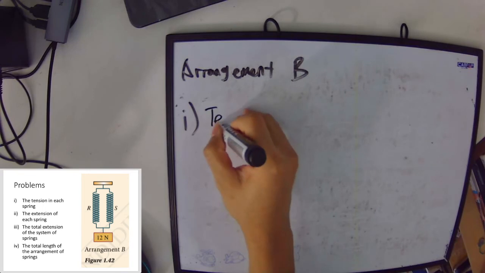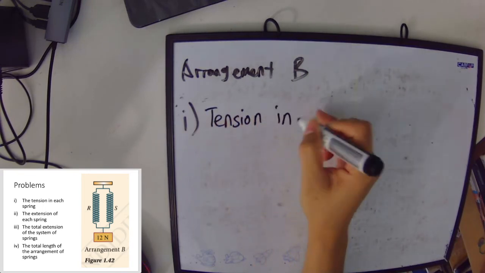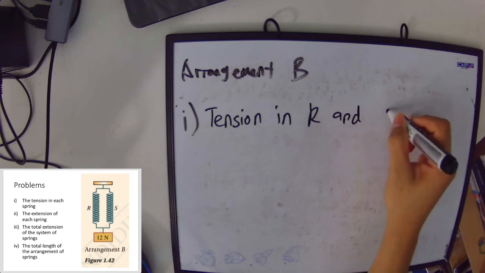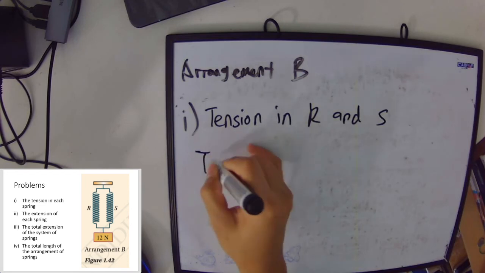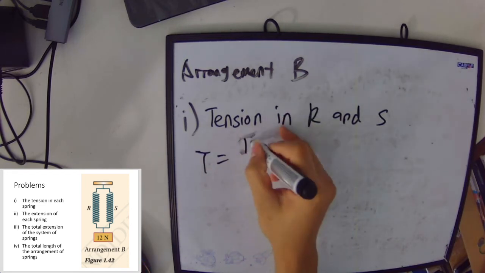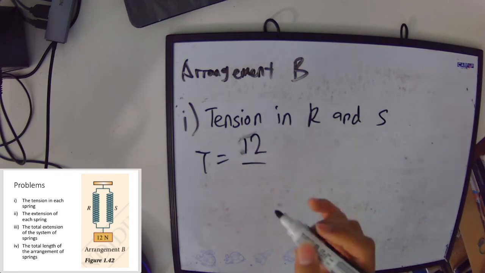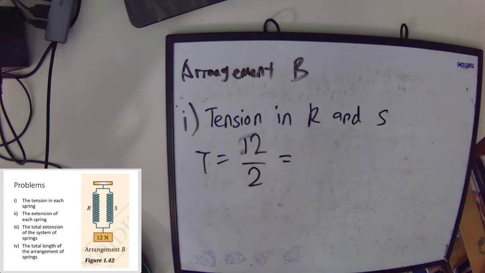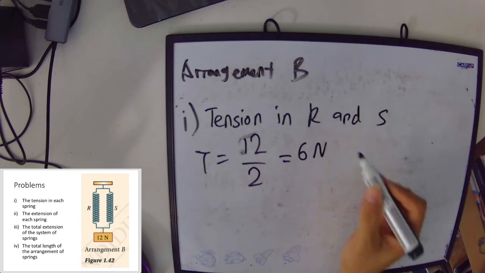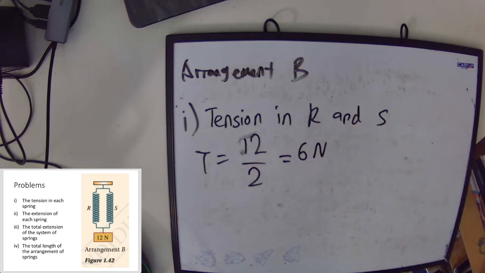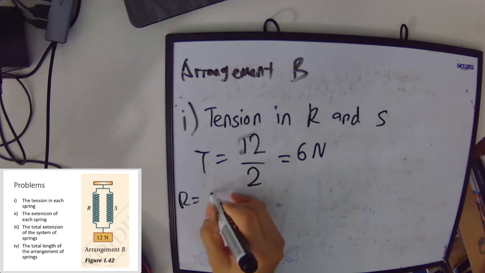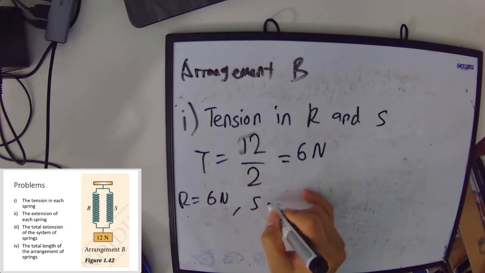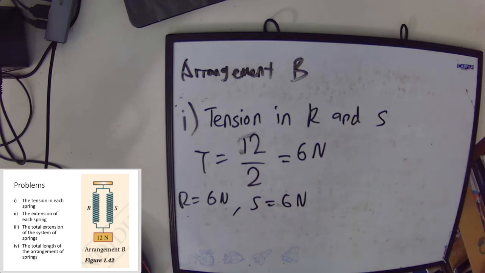So tension in R and S equals 12 newtons total, and we have two springs, so we divide by 2. So we have 6 newtons. So R and S each have 6 newtons of tension. So R equals 6 newtons and S also equals 6 newtons.